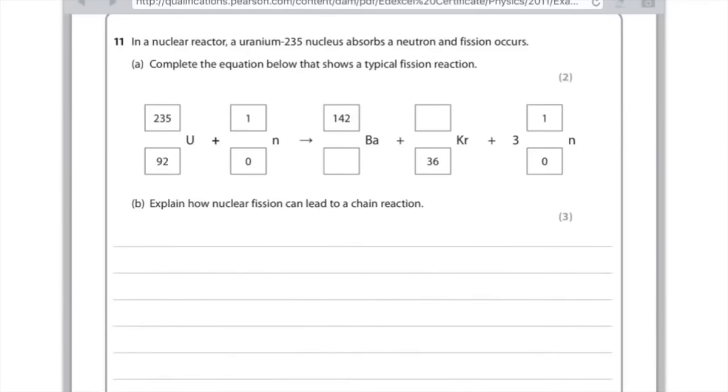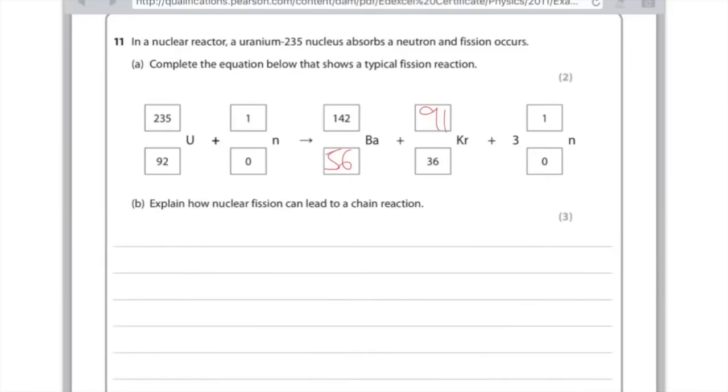And then if you add those all up and take them away from 235, you'll get an answer which is 91, and that needs to go here. And then the same below, you've got a proton number, an atomic number of 92, and we can see 0 against the neutrons, so all we need to worry about is the krypton, 36. So just do 92 take 36 and you'll get an answer which is 56.